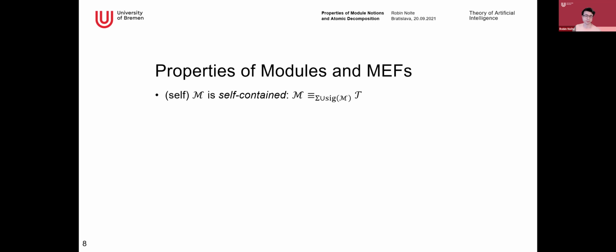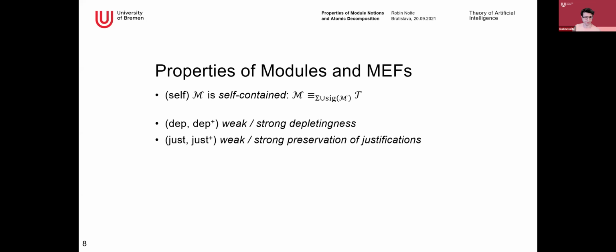There are many more properties, and I just name them because they're important for our results, but I can't get into any details. Just visit our paper and have a look there if you're interested. Many might know about weak or strong depletingness. Preservation of justification is another important property. Then there's monotonicity.